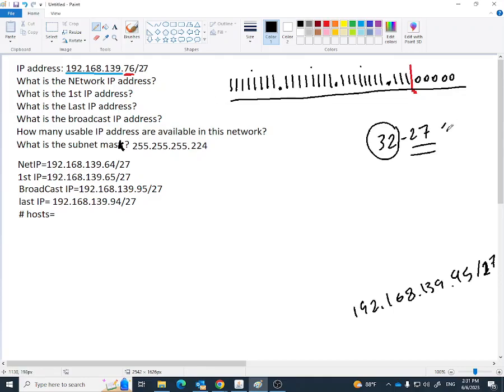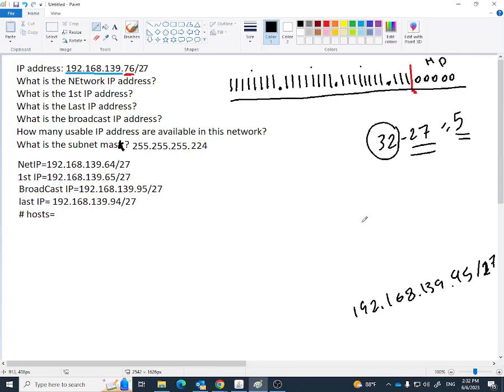So if you do a subtraction here, it will give you 5, so that's the number of bits you have after the line. So if you don't want to go through the process of writing those ones and writing the line and writing the zeros and counting them, just subtract 27, or whatever the prefix is, from 32, and that will give you the number of the host portion. So this 5 here is the host portion.